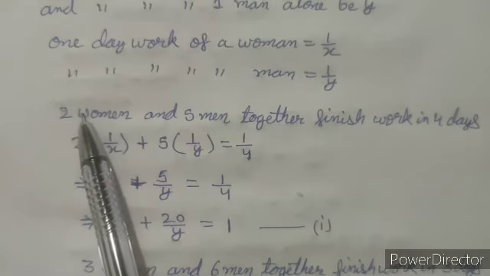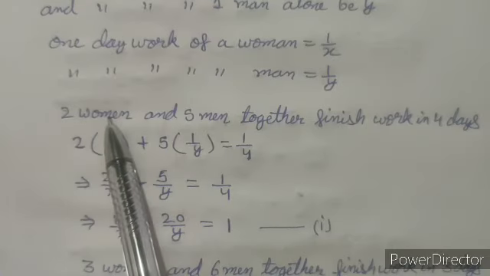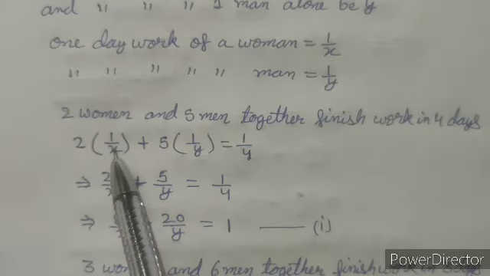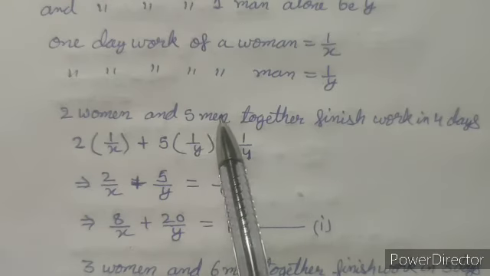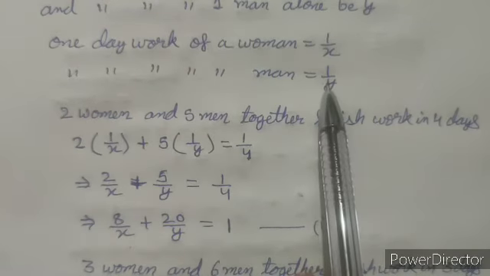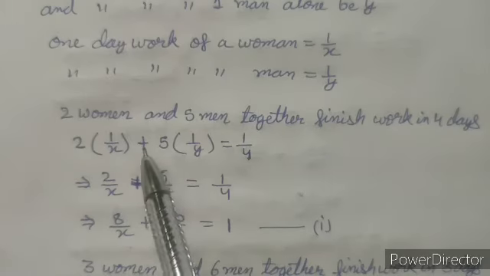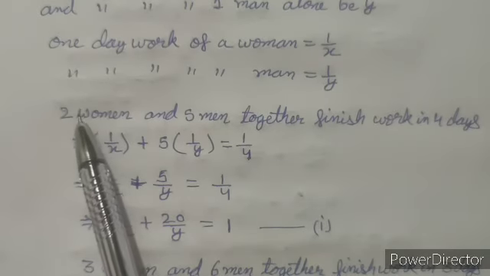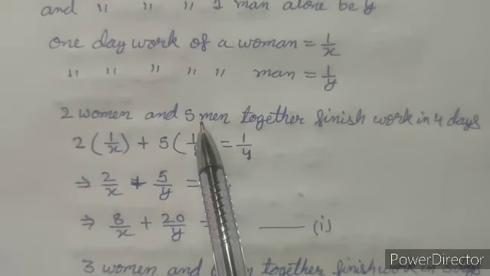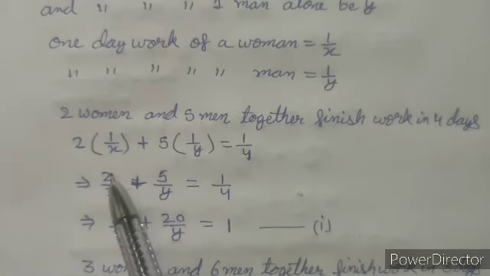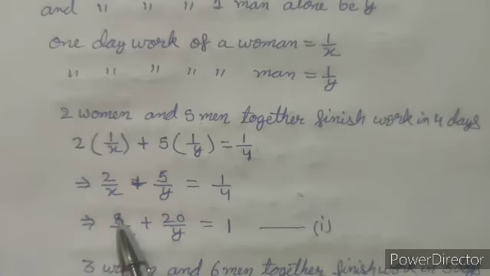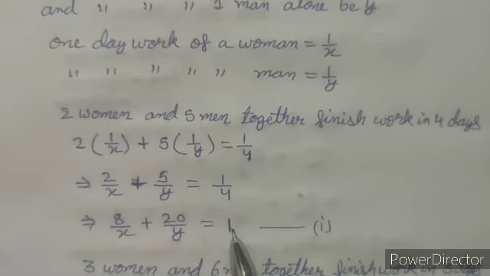That means the one day work of 2 women will be 2 into 1 upon x plus one day work of 5 men will be 5 into 1 upon y, and their sum will give us the one day work of 2 women and 5 men, and that will be 1 by 4. Now on solving this we are getting an equation as 8 upon x plus 20 upon y equal to 1.